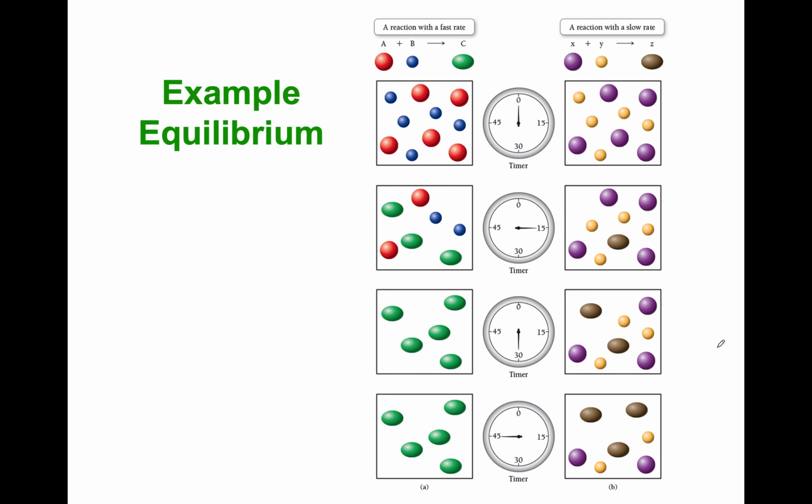So let's take a look at what we're talking about here. If we think about the speed of reactions, if we have a reaction with a fast rate, you see A reacts with B and goes to C. This is really, really fast, and in just a little bit of time, it's all products. It's all the green C. If we have a slow rate, of course, then you can see the reactants, purple and yellow, are starting.